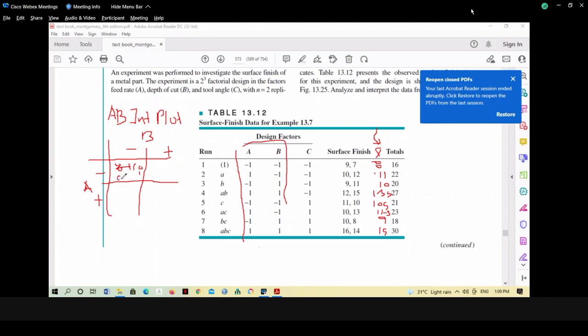Similarly, look at A minus B plus. A minus B plus is 10, so you put 10 plus another A minus B plus, 9. 10 plus 9 is 19, divided by 2, so here you will get 9.5.